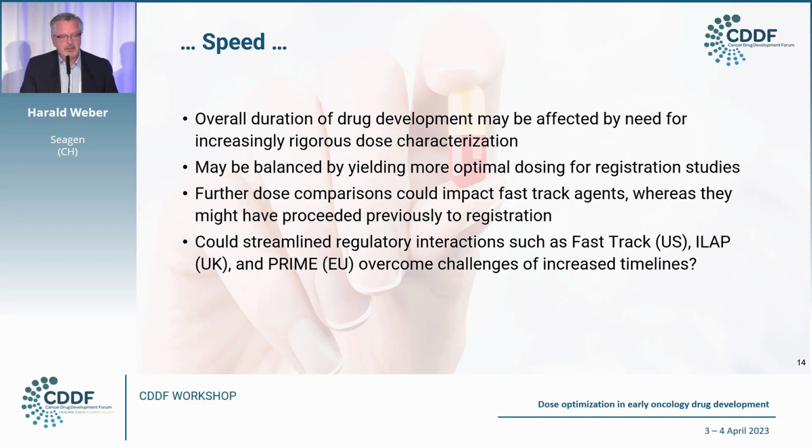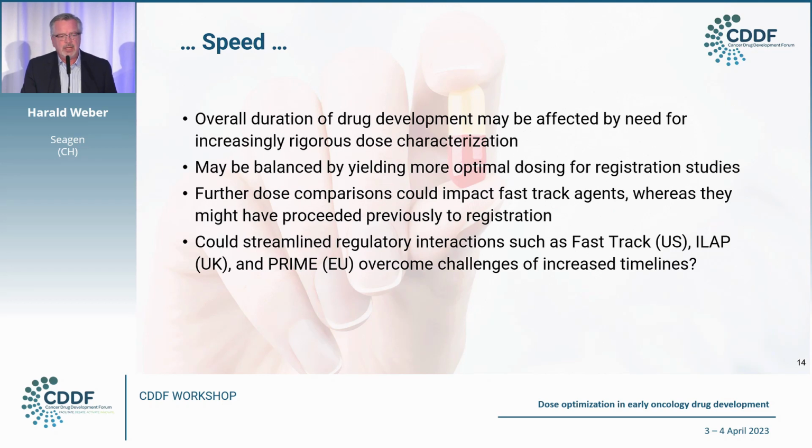Speed was mentioned at the beginning as one of the key areas of interest, because the overall duration of drug development, if we take all these complexities into account, will definitely be affected by the need for an increasingly rigorous dose characterization. Hopefully, if we do more at the beginning, that may be balanced by yielding more optimal dosing for registration studies.